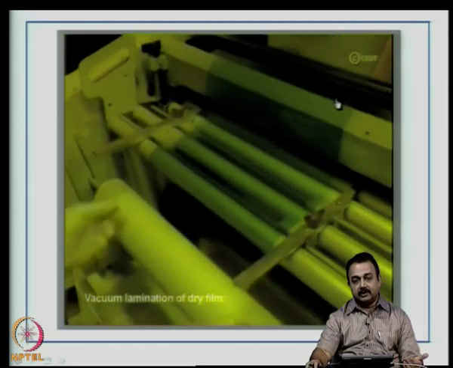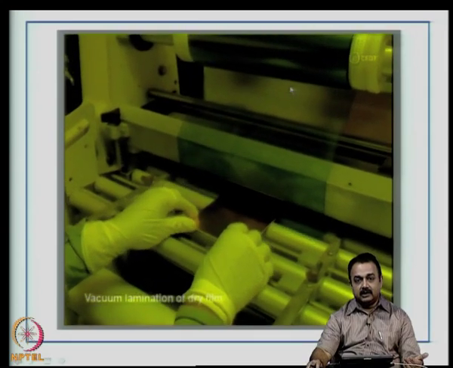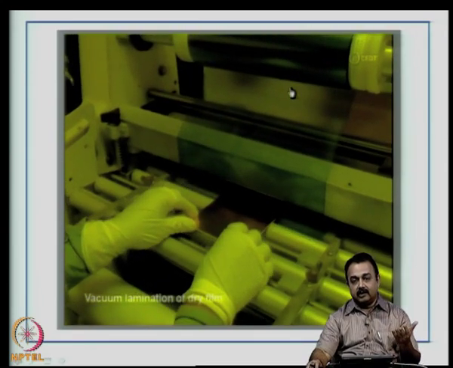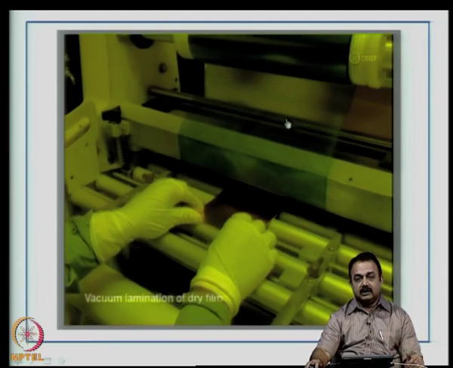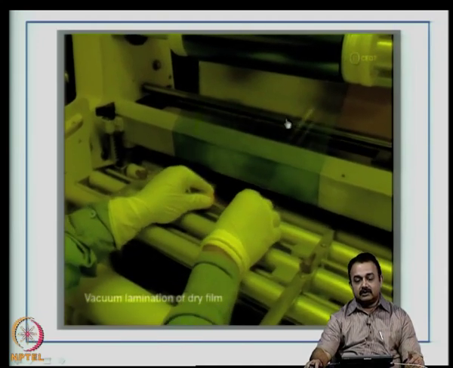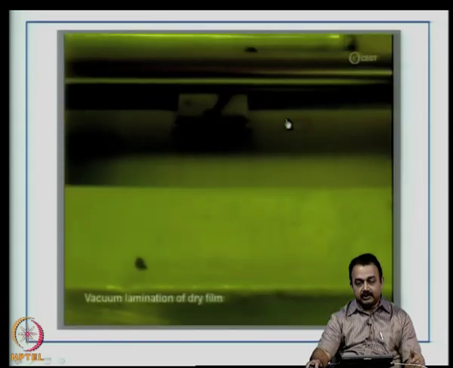your substrate. You can see this dry film is now pulled, one end, that is one of the layers is already removed. So, the dry film is now exposed. The exposed area is now attached to the board's surface through a lamination process at a particular temperature and pressure.